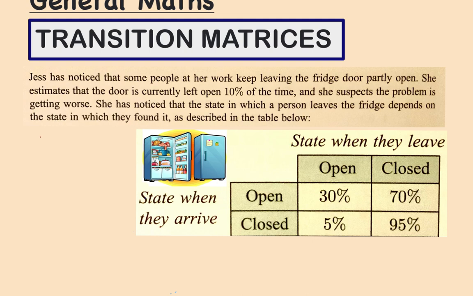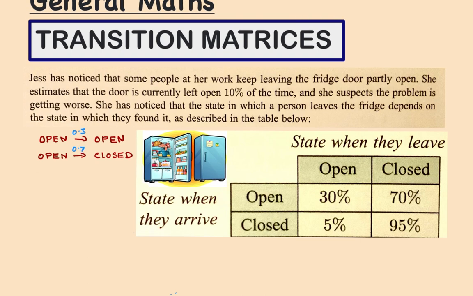And so she finds that if the fridge is open when they arrive, it can either be open when they leave, or it can be closed. There is a probability of 0.3 that the fridge will be open when they leave, and also a probability of 0.7 that it will be closed when they leave.